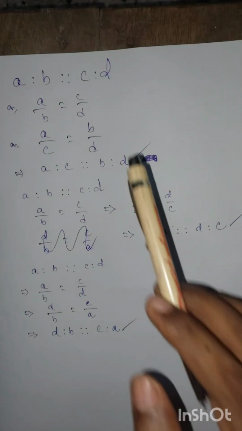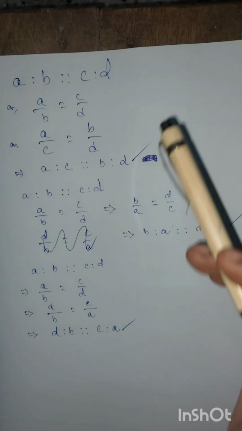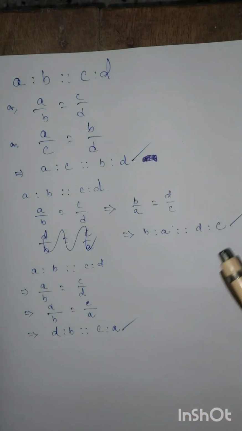So from the given proportion, we can make other independent proportions.